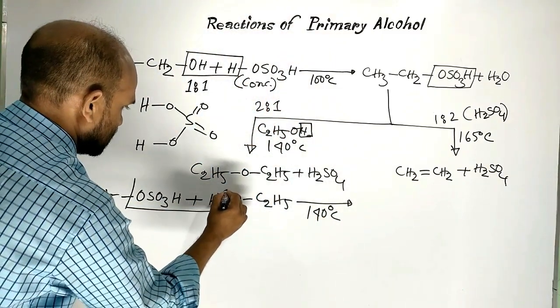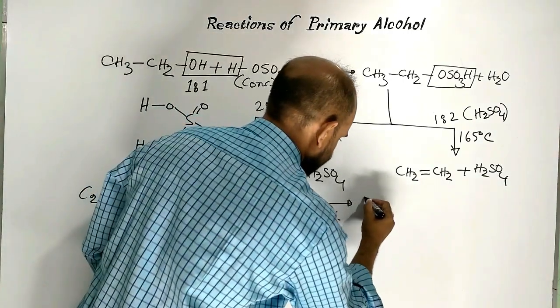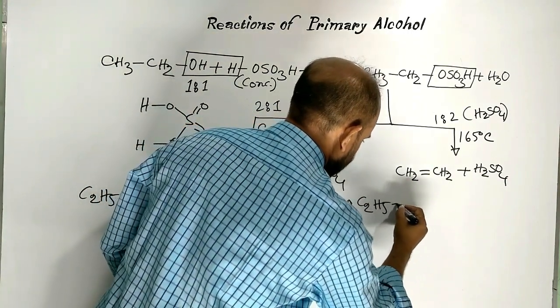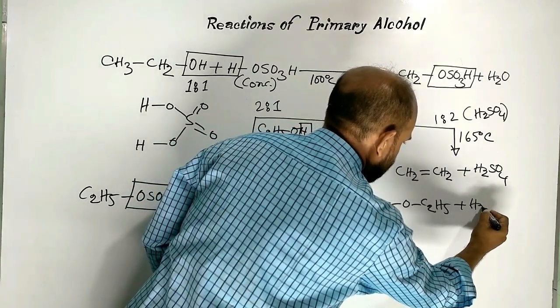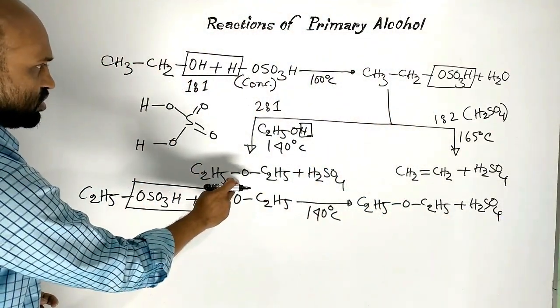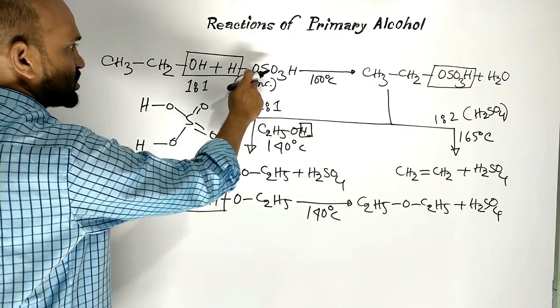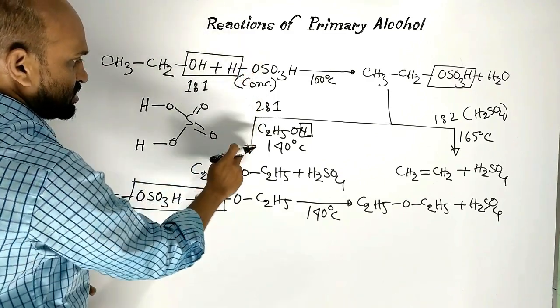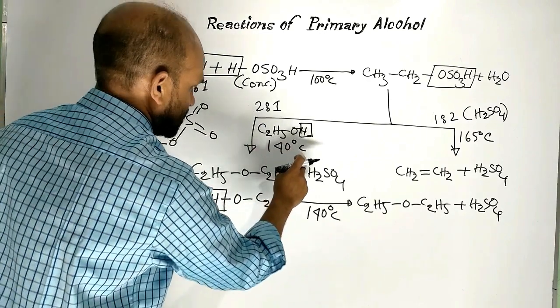Then sulfuric acid gets removed and ether is formed. Ether is formed when ethanol is double than concentrated sulfuric acid and the reaction is conducted at 140 degrees Celsius temperature.